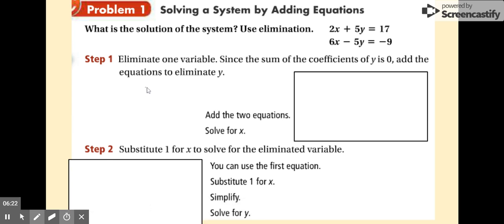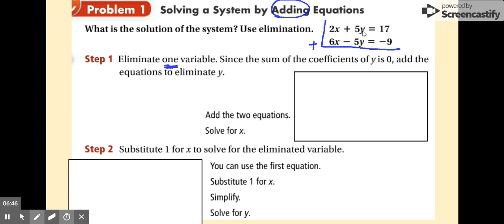Next example, we're going to solve a system by adding equations. I'm going to just add the whole thing to eliminate one of the variables. So step 1, eliminate one variable. In this system, I can eliminate y because the sum of the coefficients of y is 0.